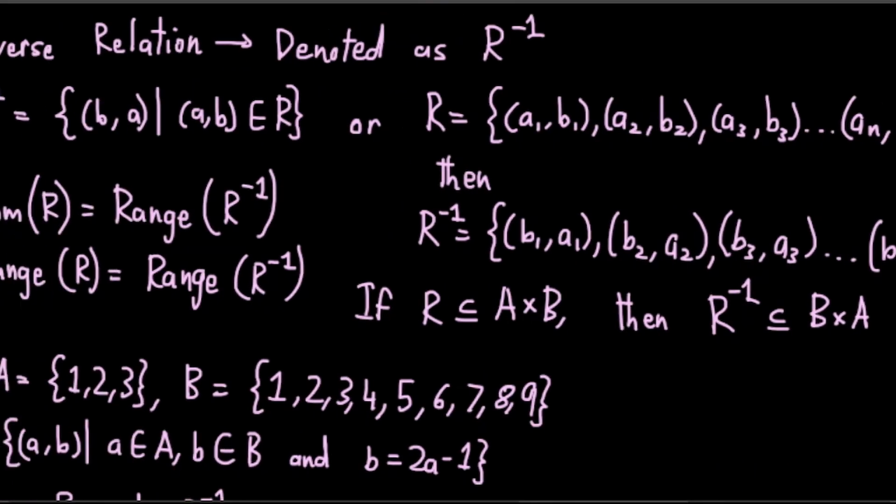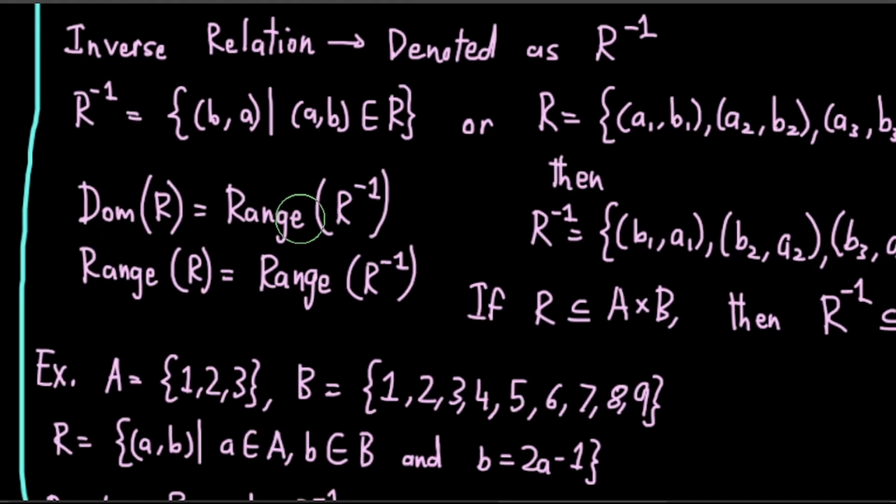From that we can derive that the domain of some relation R is the same as the range of the inverse of that relation, and the range of a relation is the same as the domain of the inverse of that relation.